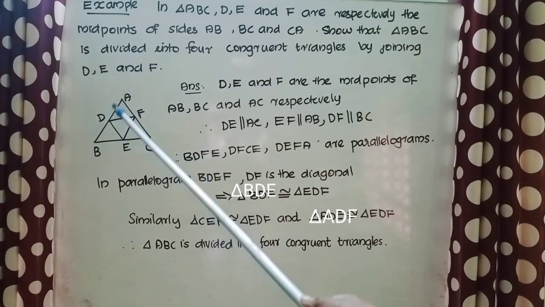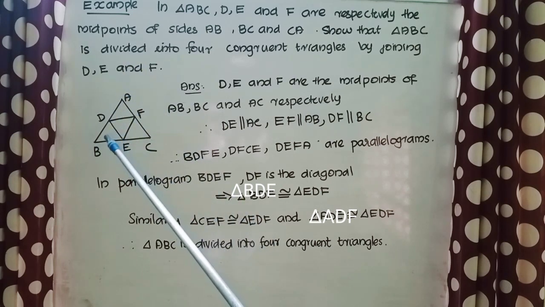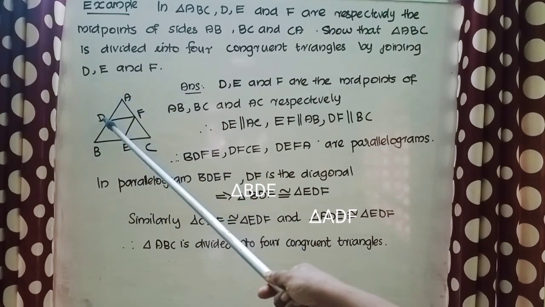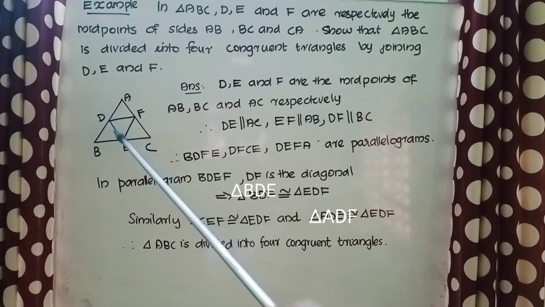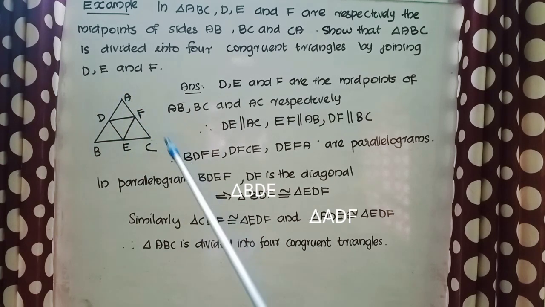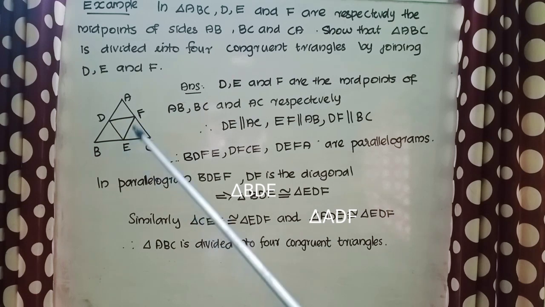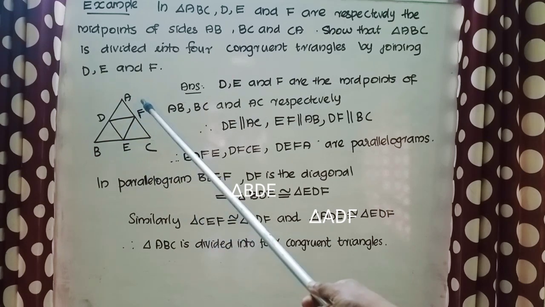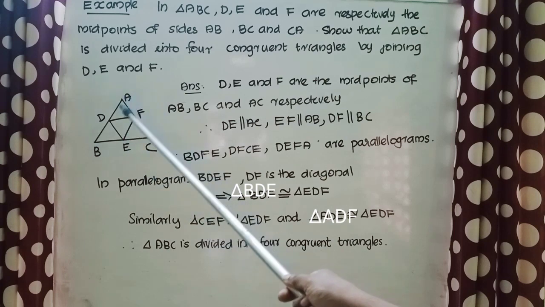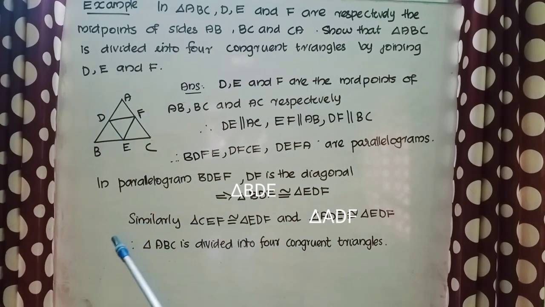Now you see, by our midpoint theorem we can say D is the midpoint of AB and E is the midpoint of BC. Therefore, DE is parallel to AC. Similarly, E is the midpoint of BC and F is the midpoint of AC. Therefore, this EF is parallel to AB.